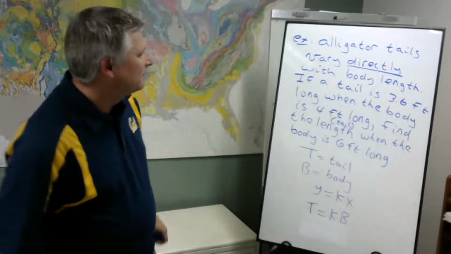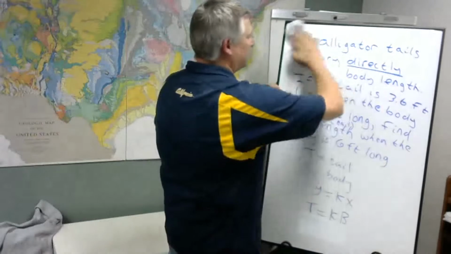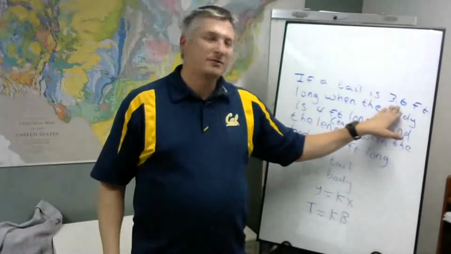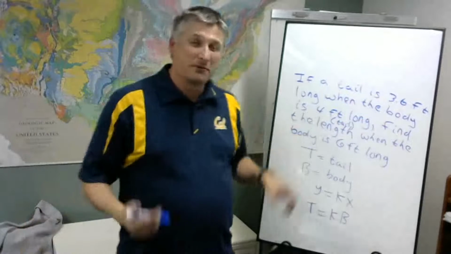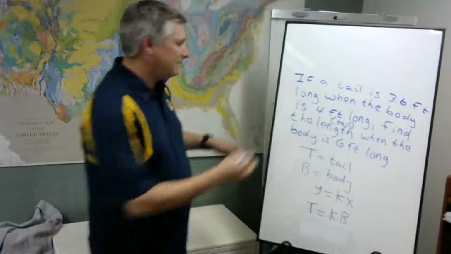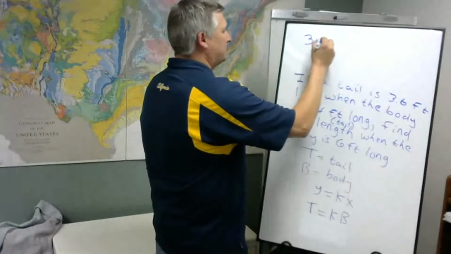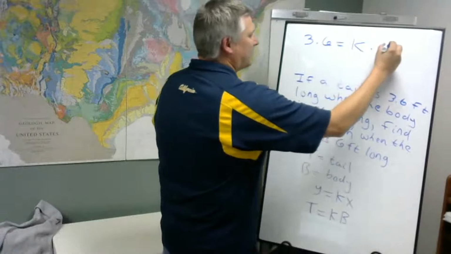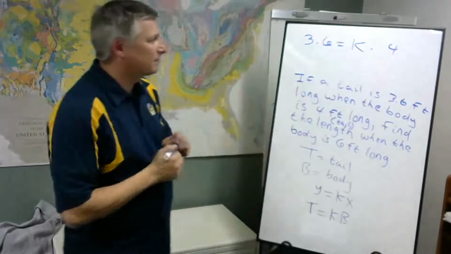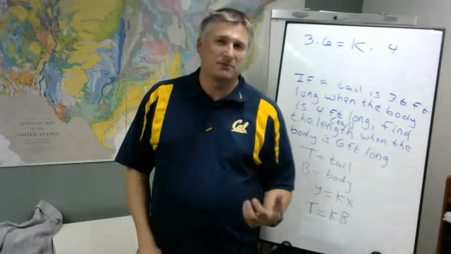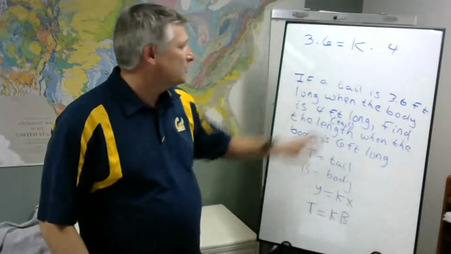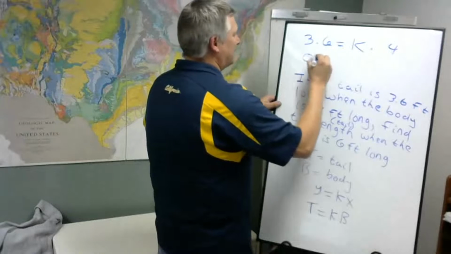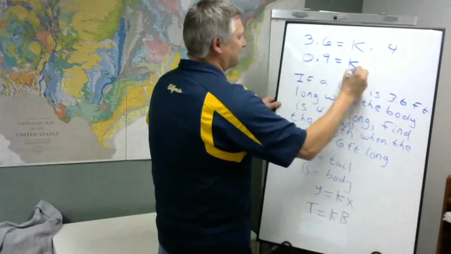Now we're told that we get a tail of 3.6 feet when the body is 4 feet long. So that means a tail of 3.6 feet equals k times a body of 4 feet. We want to use this information to solve for k. So we just divide both sides by 4, and we get k is 0.9.